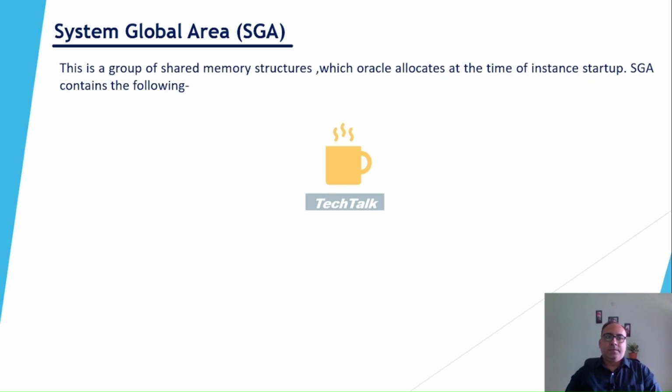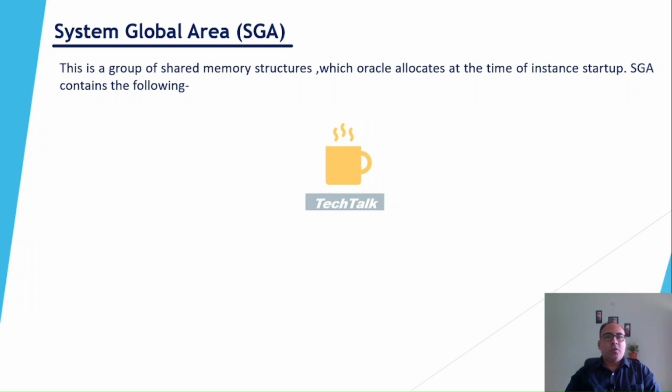Now SGA, the System Global Area. The SGA is a group of shared memory structures which Oracle allocates at the time of instance startup. Whenever any database instance is started, Oracle automatically allocates some shared memory, called the SGA. The SGA contains certain components.